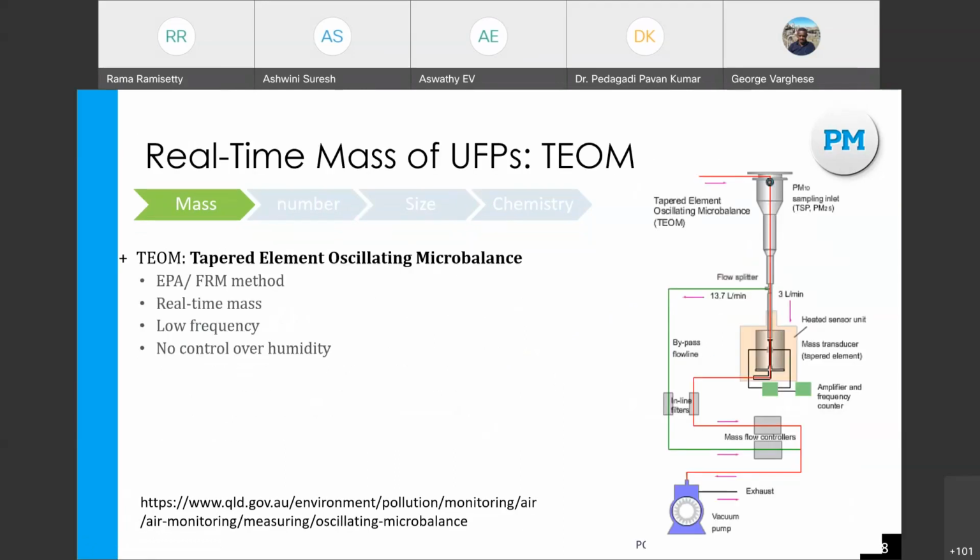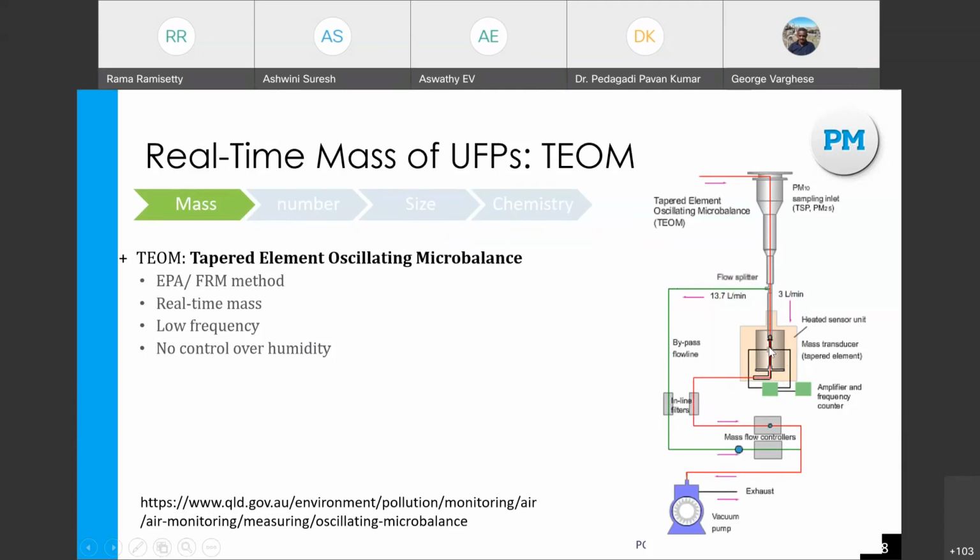Okay. And we have another very standard method, called the tapered element oscillating microbalance method. This is also one of the FRM methods. In this method, we have an oscillating tapered element, which is between two magnets, and it always vibrates at a certain frequency, which is its natural frequency.